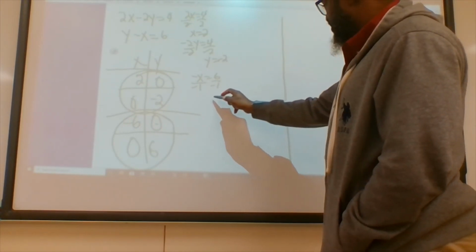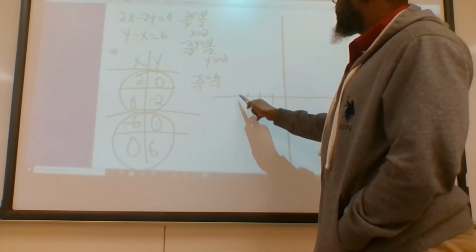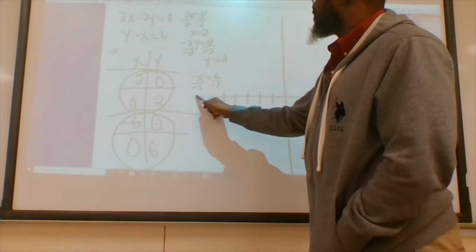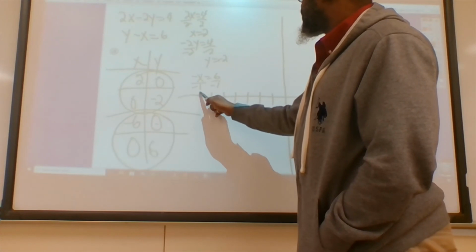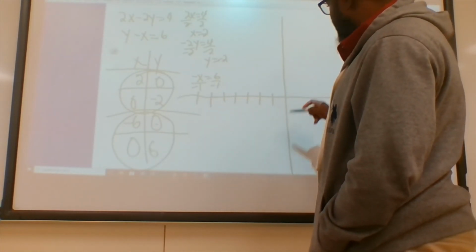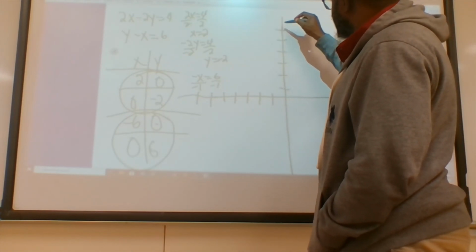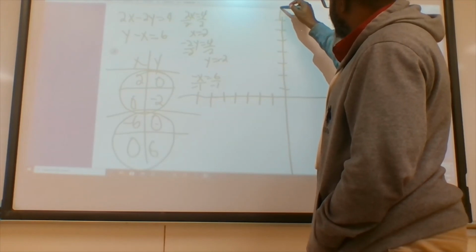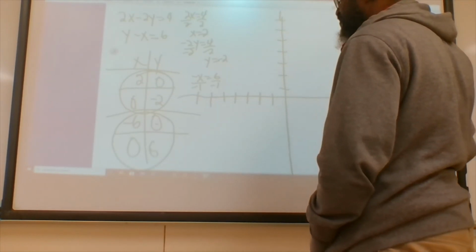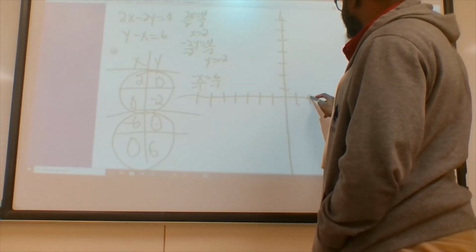On the x-axis it is to the left, so I'm counting 6 to the left. That will be my 6 units, and 6 units up. You have to be aware of your interval when you do a graph. 2, 0, 2 units to the right, that would be 2, 0.